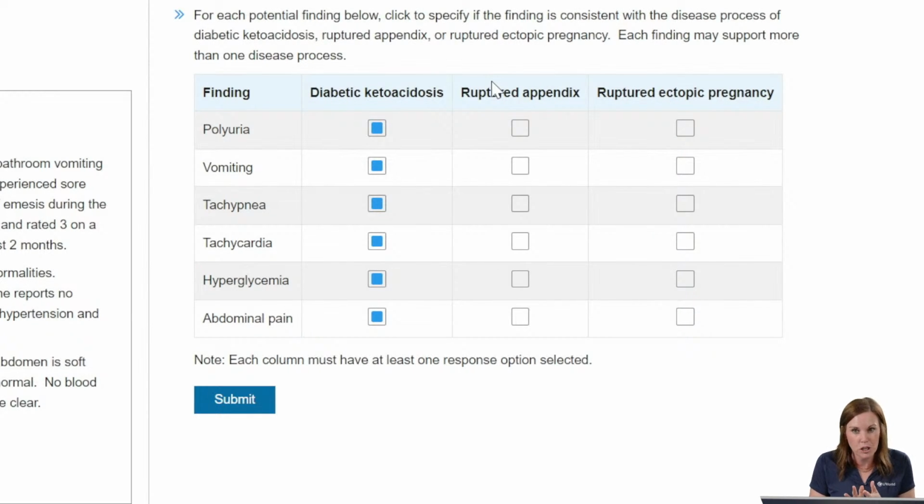Okay, so let's talk about ruptured appendix. What happens with a ruptured appendix, or appendicitis in general? Appendicitis is inflammation of our appendix, and a lot of times it's because of a blockage or obstruction in our colon. The obstruction is going to trap colonic fluid and mucus, and that's going to cause increased pressure and inflammation.